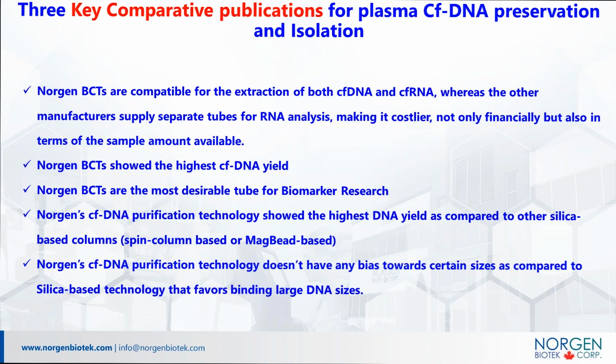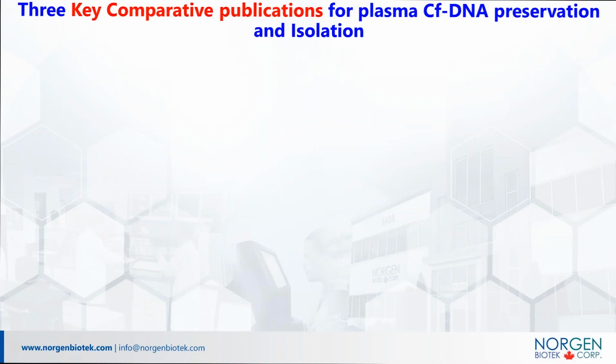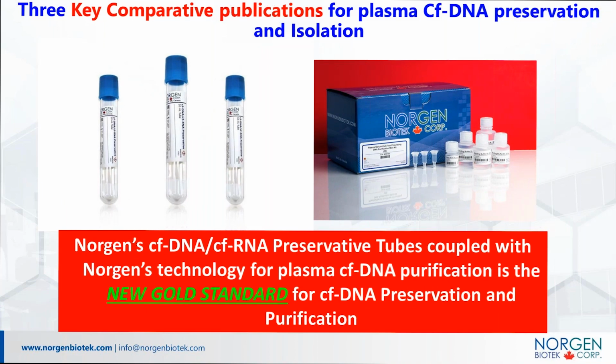So the outcome of the 3 comparative studies is that coupling Norgen cell-free preservative with Norgen's technology, which is based on silicon carbide, for plasma cell-free DNA is the new gold standard for cell-free DNA preservation and purification. This is based on recent publications.